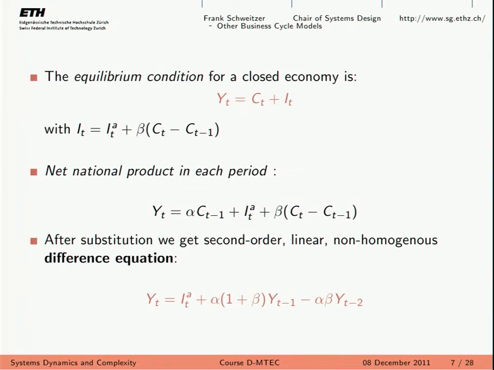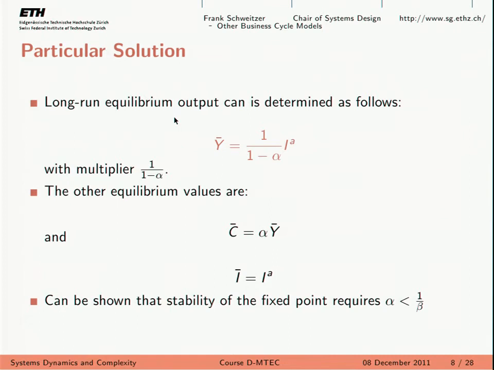Yes. That's true. So it's precisely this. There is no differential anymore in consumption because we have a stationary consumption. Makes sense. And it can also be shown that this stationary point is stable only if alpha is smaller than 1 over beta.